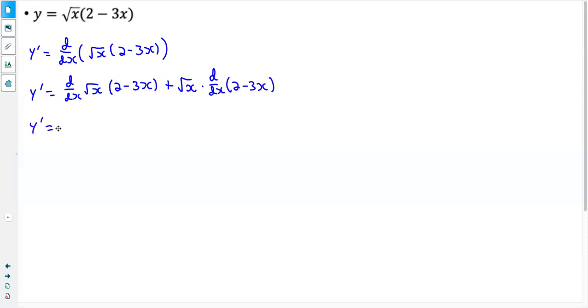So we'll take those derivatives. The derivative of the square root of x is 1 over 2 root x, and that's multiplying by 2 minus 3x. Then we have plus the square root of x times the derivative of 2 minus 3x, which would just be minus 3.